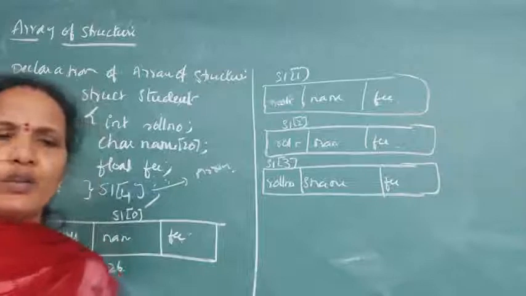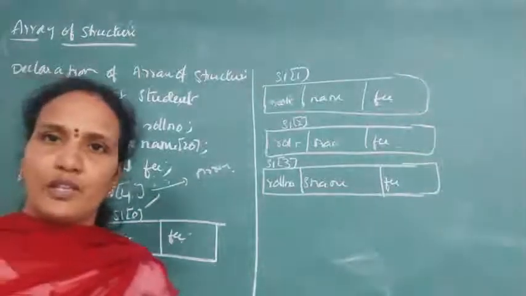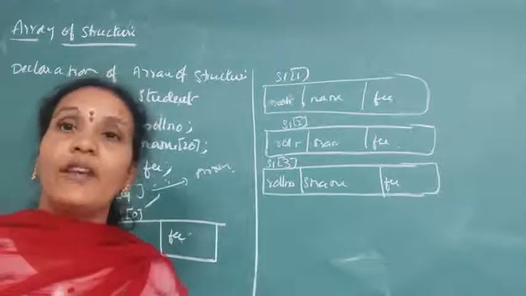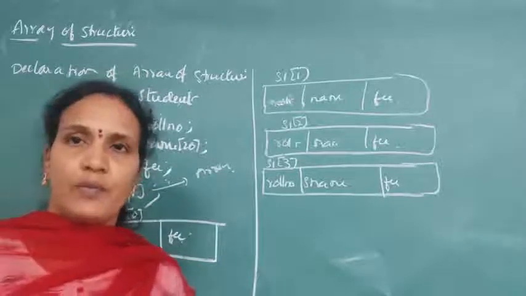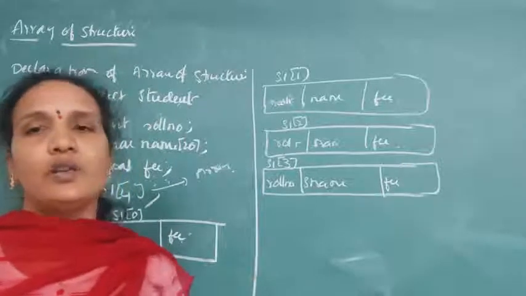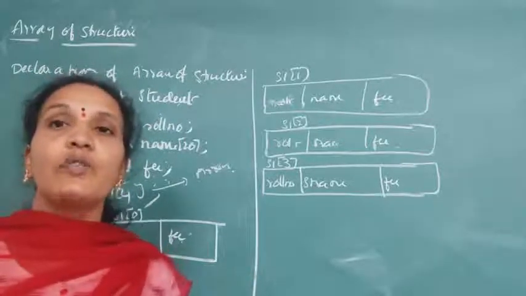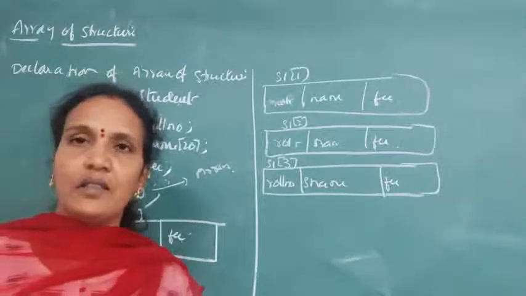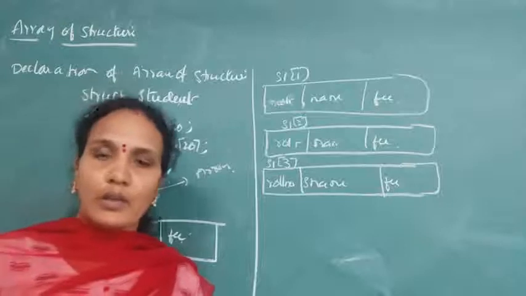If only 1 or 2 variables are using the same structure, then you can directly give them. But if more variables are using the same structure, then instead of declaring variables separately, you can use the same structure using an array. Okay, so you can declare those variables as an array. Understood?